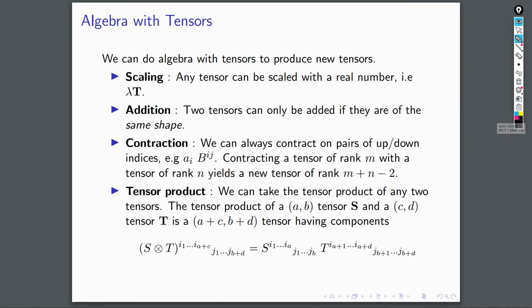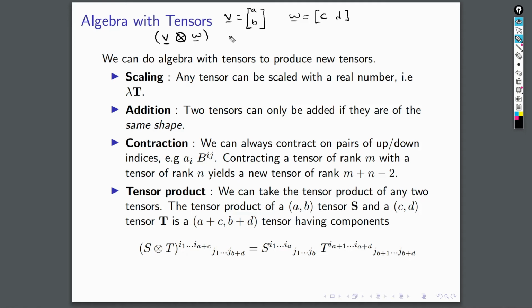We can also do tensor products. So for instance, if I have V being a 1, 0 tensor with components, let's say, A and B, and I have omega as a 0, 1 tensor with components C and D, then I can construct V tensor product omega, it's this symbol right here.